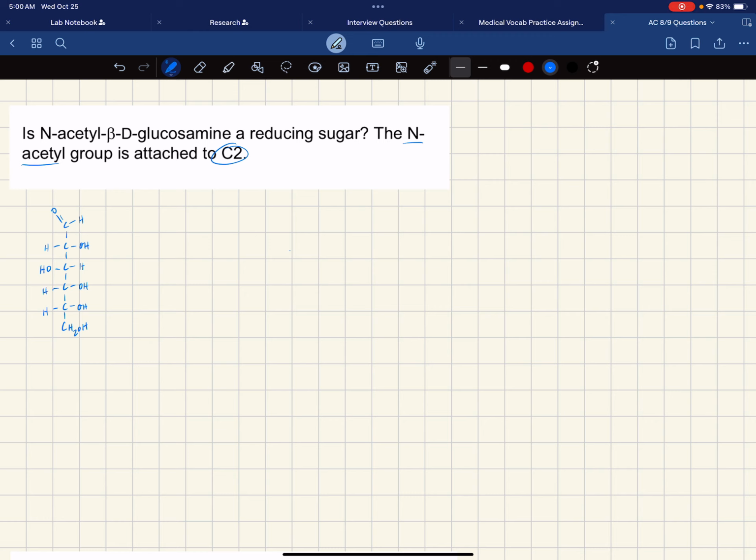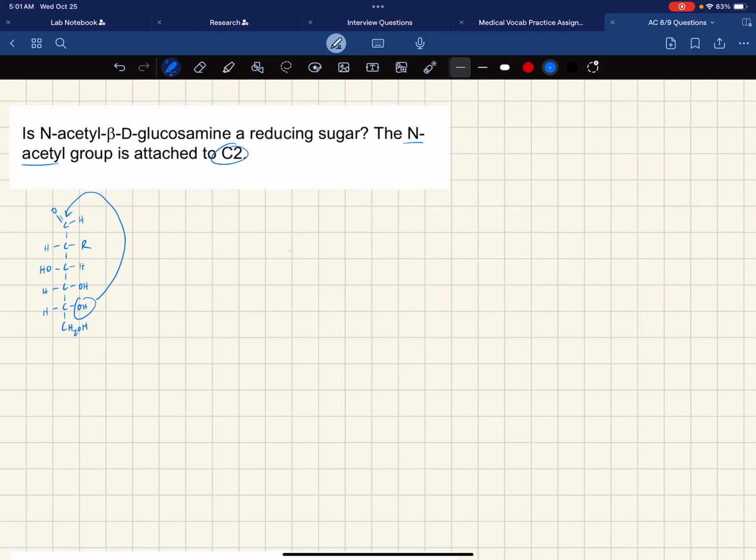So what's happening here is that he's saying that we're modifying C2 somehow. This hydroxyl group is going to be modified, and I'm just going to call it R for now. And that R doesn't interfere with this, I guess it's an intramolecular hemiacetal reaction, where this OH group will attack that carbon to make the ring form.